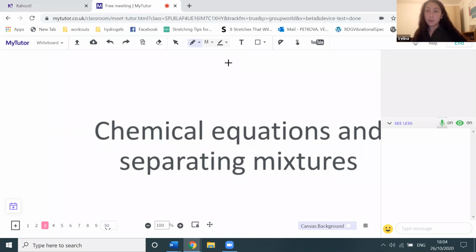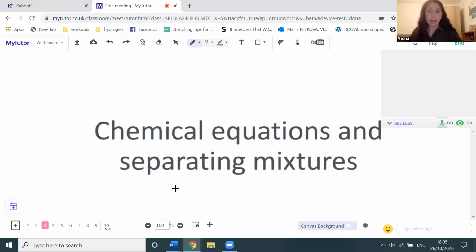Then on Wednesday, we're going to look at group 1 and group 7 and the trends down those groups. On Thursday, we're going to cover the transition metals and then do a little summary of everything we've covered over the 4 days. And on the 5th day, on Friday, our last day, we're going to look into exam techniques and then try to answer some exam questions on the topics that we have covered this week.